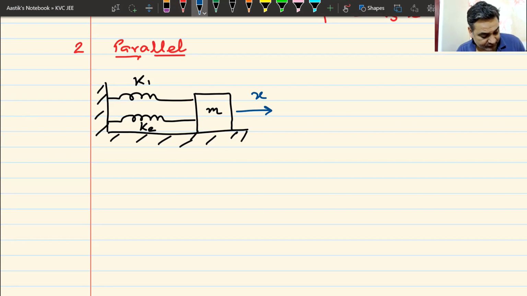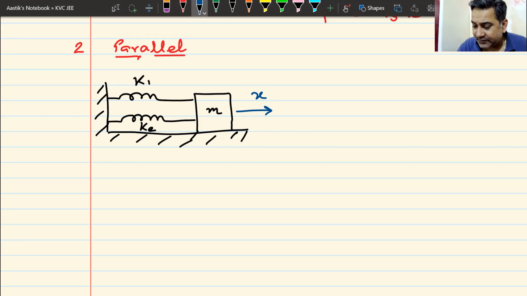It requires more common sense than physics. If I move the block by X, what will be the extension in both the springs? Can I have some answers? X, sir. Yes, beta. X, sir.